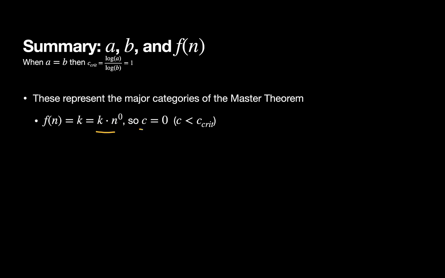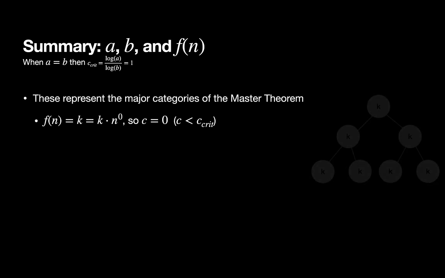So we could think of it as being bounded by some polynomial with the exponent on n of 0. So that corresponds to our case where c is less than this critical factor. So c is 0. Our critical factor is log of a over log of b. So log of 2 over log of 2 is 1.